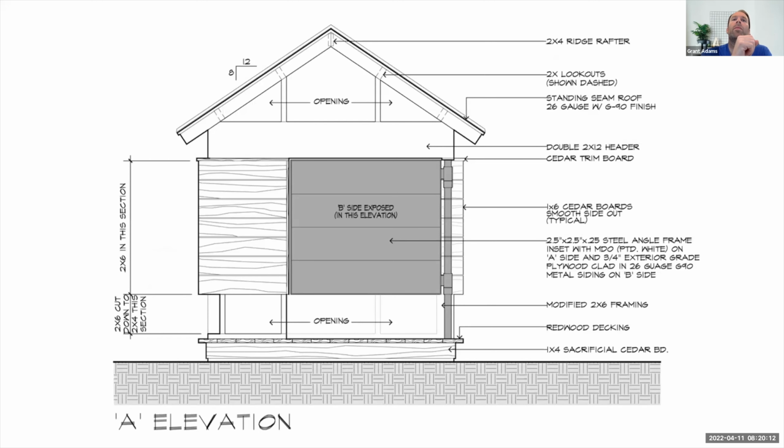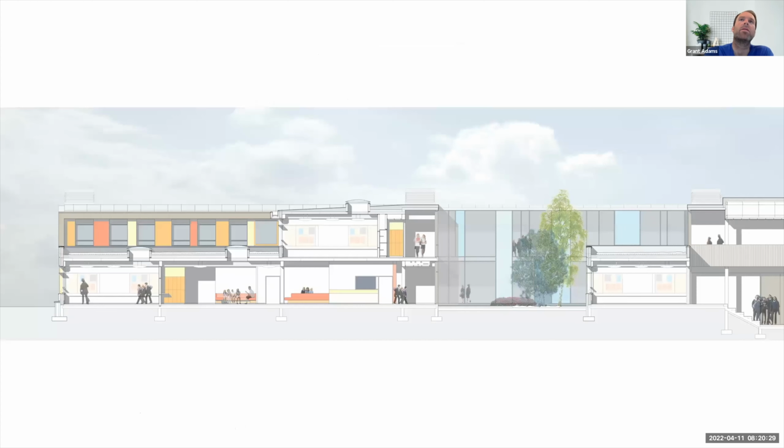This is being a little bit more technical. It's kind of an elevation also slash section where they're showing some more real technical detail about how this is building, the cedar boards that are listed, etc. So those are, again, just a little bit more technical.